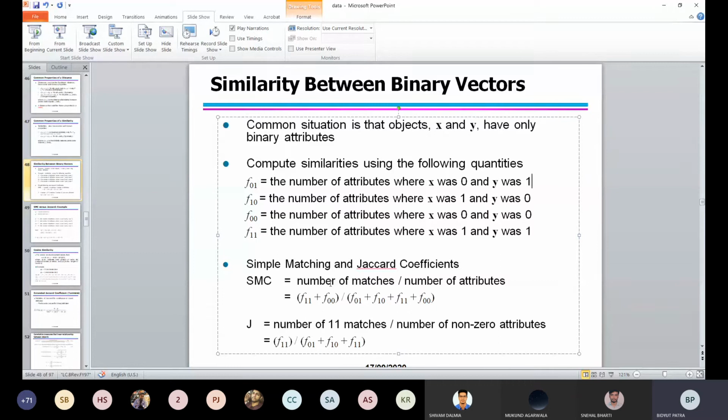But the problem with simple matching is that 0, 0 actually indicates non-presence, and non-presence may not mean similarity. As I said earlier, or if I had not said it, it is there in the slide. If I find my friend in the supermarket, will I say that we are quite similar because most of the items we did not purchase?